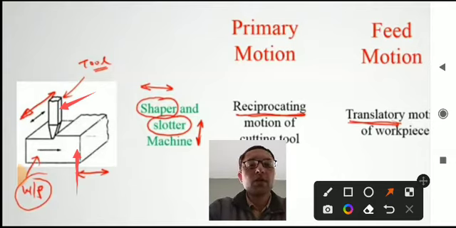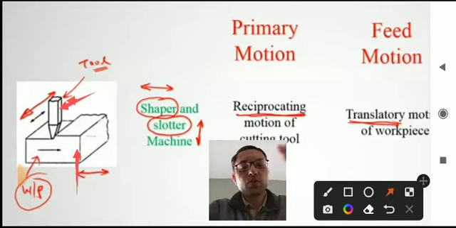So if we consider the shaper and slotter machine, what happens there? There is a reciprocating motion of the cutting tool. See, this is a cutting tool, and the cutting tool works in the reciprocating direction, like the to and fro motion, in this direction, and the workpiece is also moving in this direction.